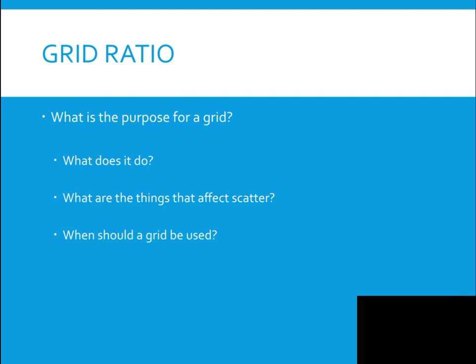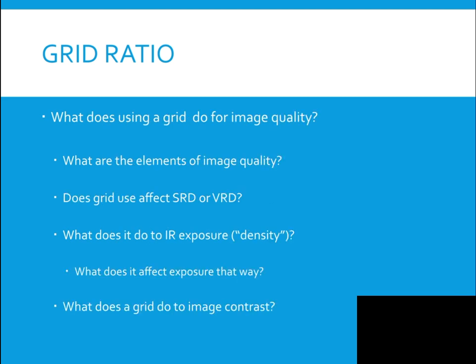And I believe in your career, you're probably going to see more of a dependence on kVp, especially as they dial in things like virtual grid and make them more effective. So what does a grid do for image quality? Well, if it increases your contrast, it improves image quality.